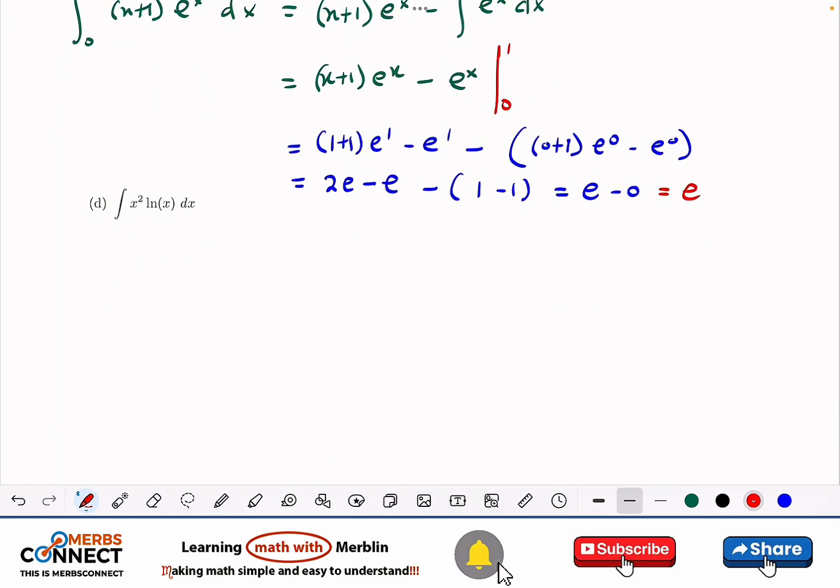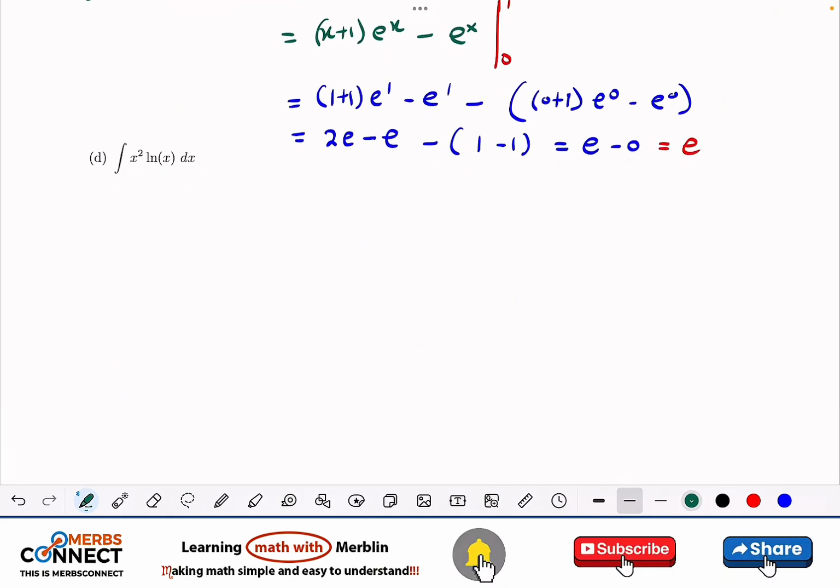Now let's look at D. D is totally different from A, B, C, right? Because A was involving the exponential function, same for B and C. Now we see that this does not involve the exponential function. So what will be our u, what will be our dv, and what will be our v?